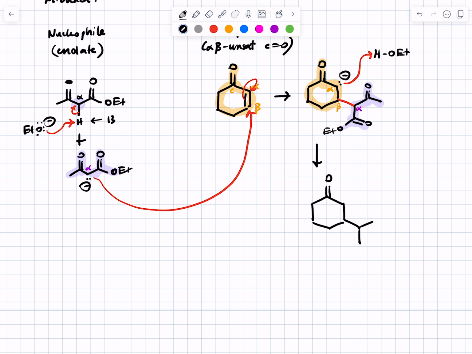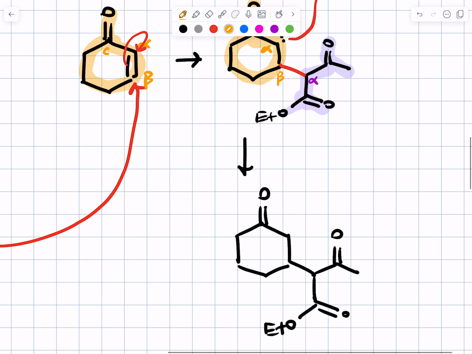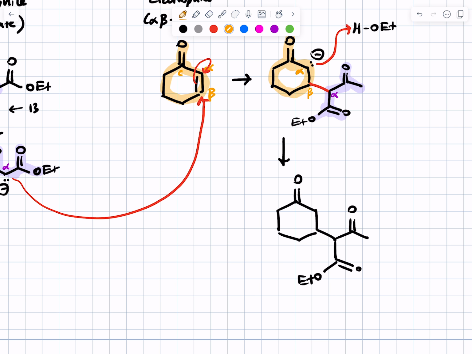Couple of things to be aware of, some structural features to use to recognize a Michael product. I'll just highlight the portions that come from the enolate in purple and the original alpha-beta unsaturated carbonyl compound in orange. Notice that the bond that we formed via the Michael reaction is the bond between the beta carbon of the alpha-beta unsaturated carbonyl compound and the alpha carbon of the enolate.